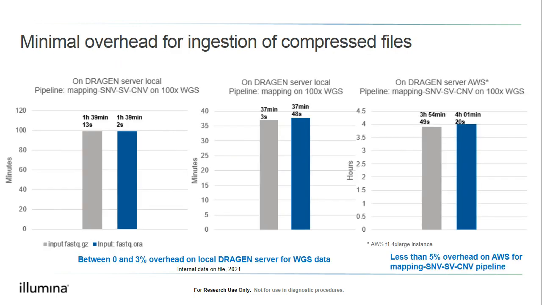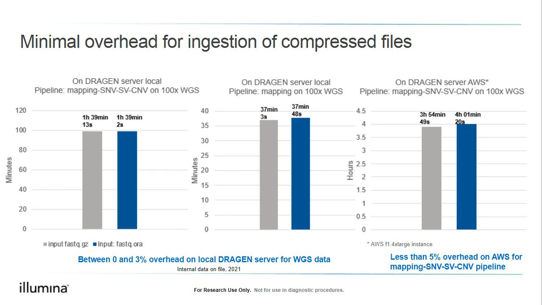There is minimal overhead for ingestion of these compressed files if you are using the DRAGEN pipeline. So here is some benchmarking that we did. The first plot shows that if you use a DRAGEN server locally and you have a pipeline that does mapping and all the calling on a 100x whole human genome, then the analysis time for a FASTQ.gz file is about 1 hour and 40 minutes.